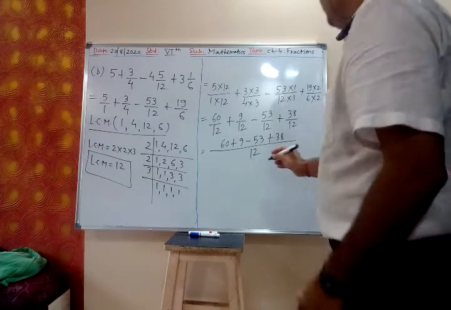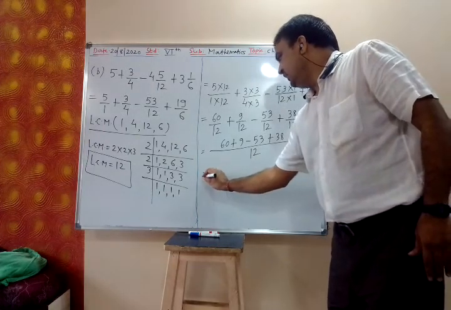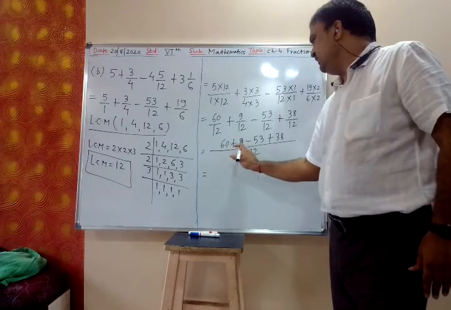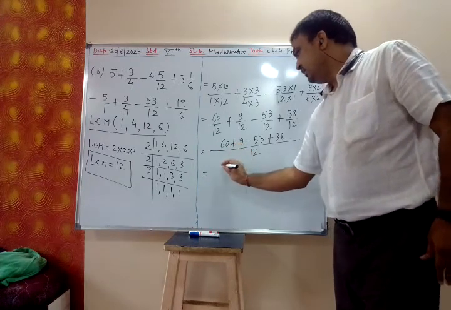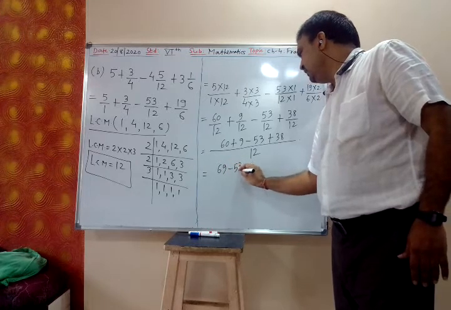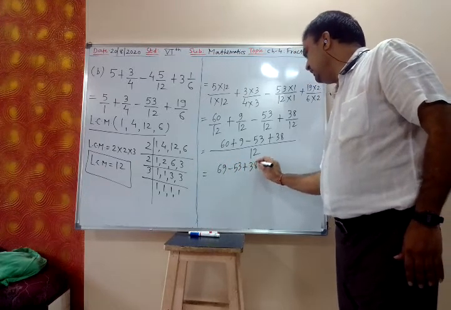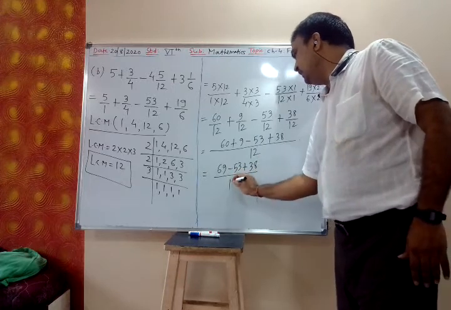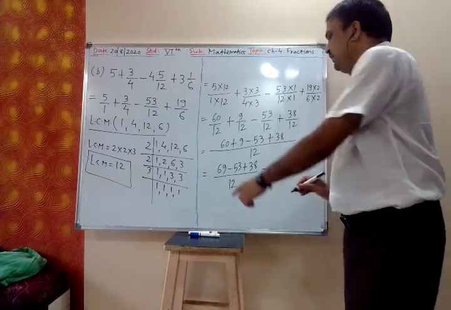So first we solve. 60 plus 9 is 69, 69 minus 53 plus 38 upon 12.